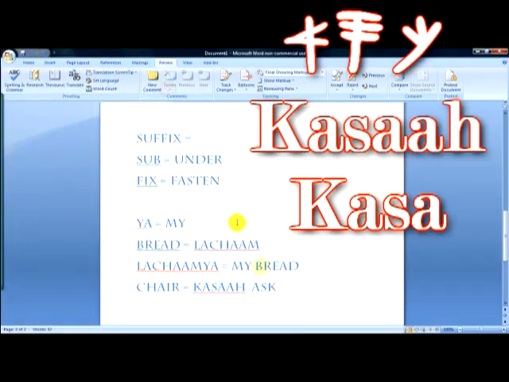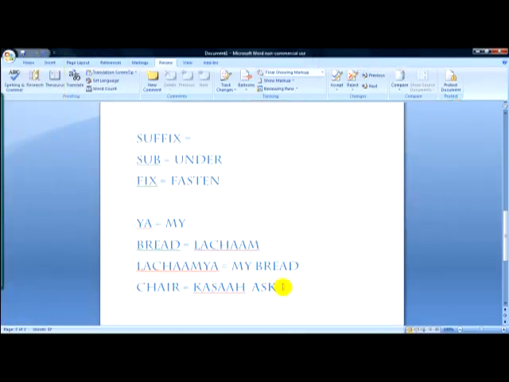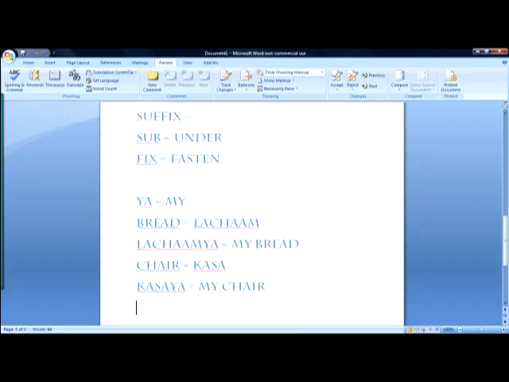When you look at the Hebrew word for chair, the word is kasa'a, but the way you pronounce it is kasa. Now if you wanted to make it my chair, you would put kasa ya, which is my chair. That's how you would make it possessive. You could do that with any word, like the word book. So anytime you see the ya at the end of a word, that means my.